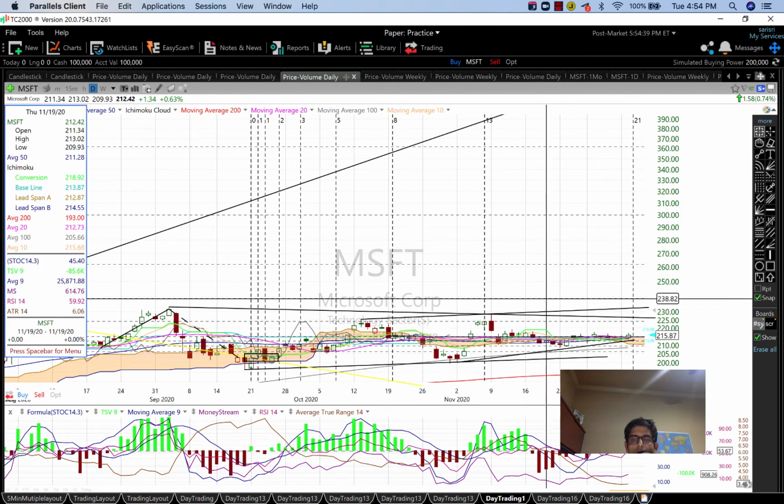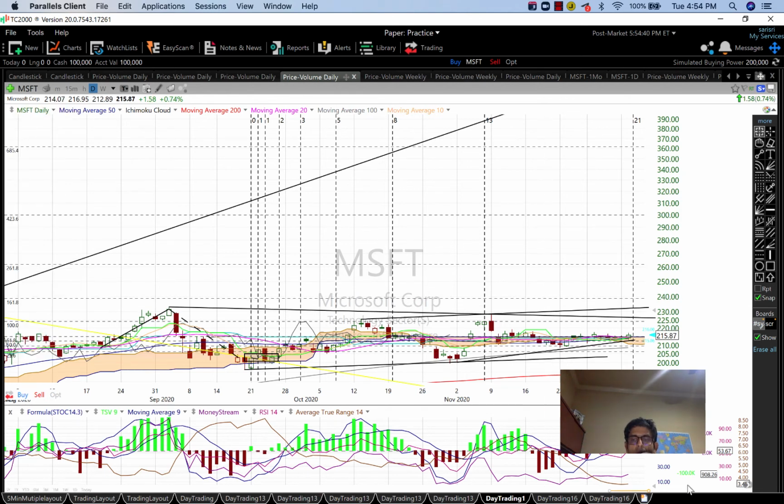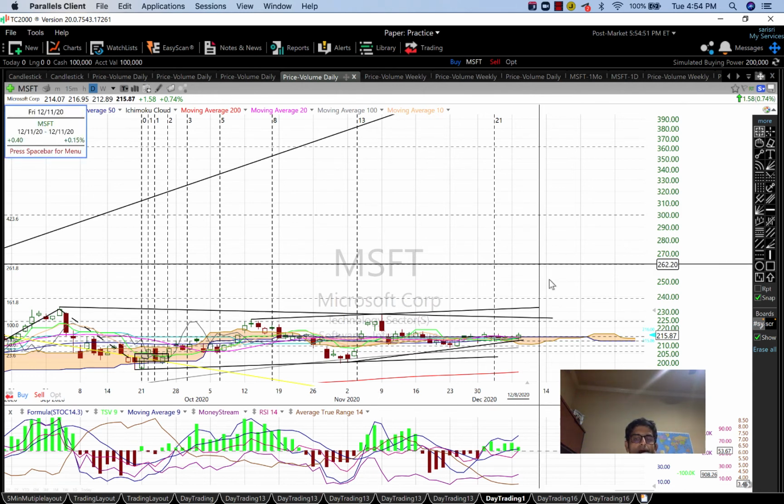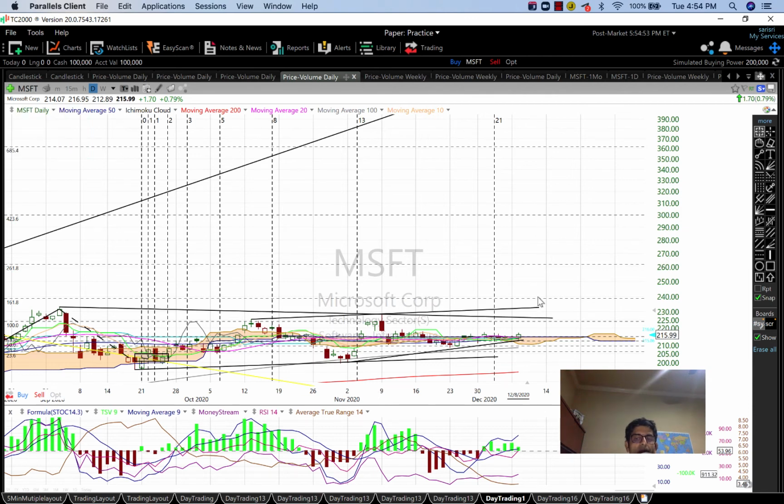That is the long-term view. We don't know how long, but it looks like it's very much due. So definitely it looks to go to the 250 area. But again, I feel the January calls will be the best bet for the long term for Microsoft. That will take you to the 250 area and that can get you a lot of profits.